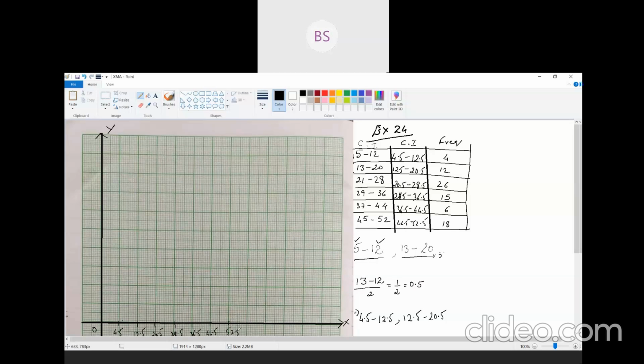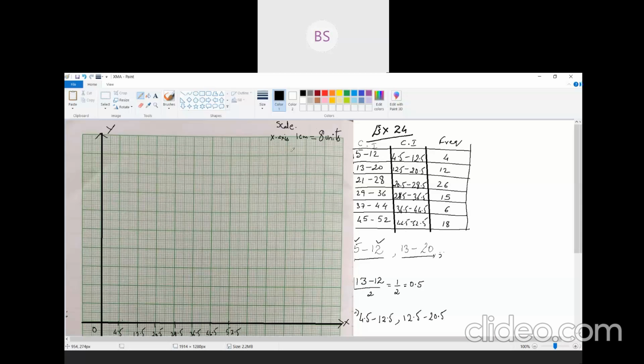Now we have to write down the scale. For the x-axis, 1 centimeter is equal to... the difference between the numbers here is 8. So I write 1 centimeter is equal to 8 units. That will be the scale for the x-axis.